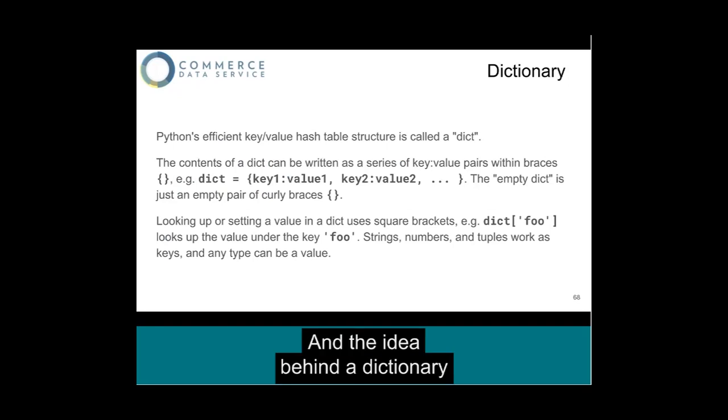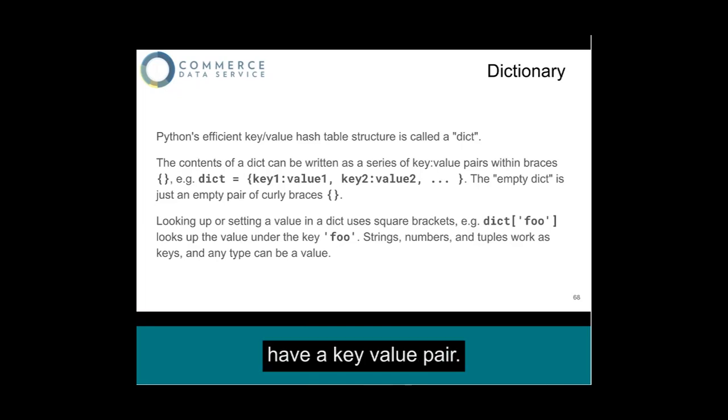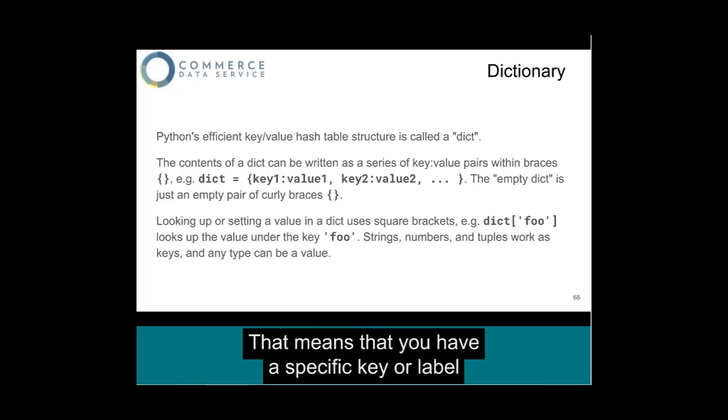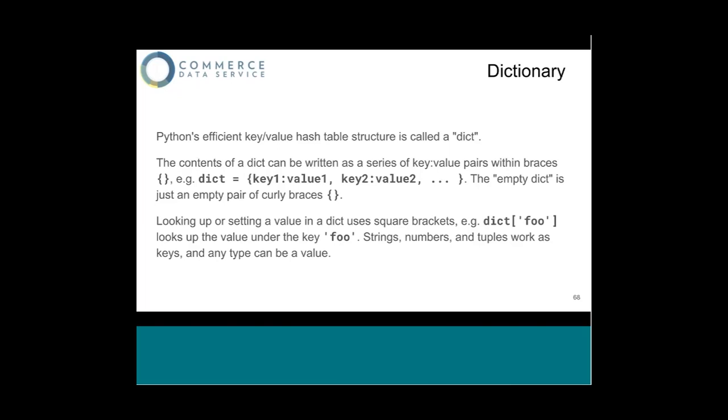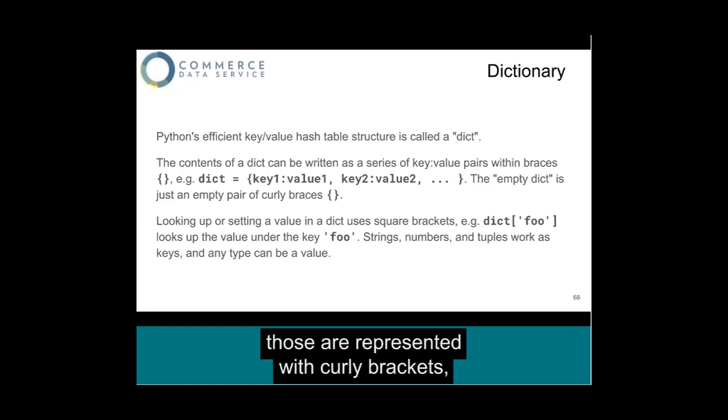The idea behind a dictionary is the ability to efficiently have a key-value pair. That means you have a specific key, or label, for a specific value in a dictionary. Those are represented with curly brackets.